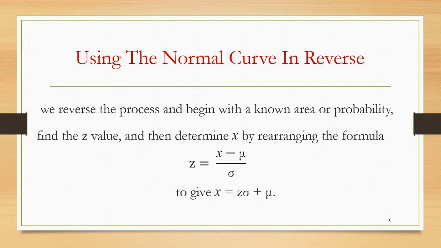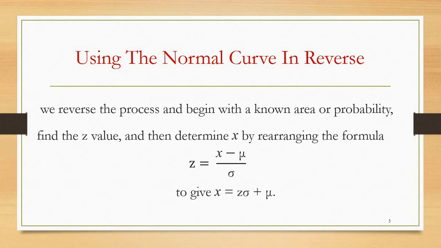We reverse the process and begin with a known area or probability. In previous lecture, we were given the value of the random variable, and we locate the area between the mean and some specific value of z.